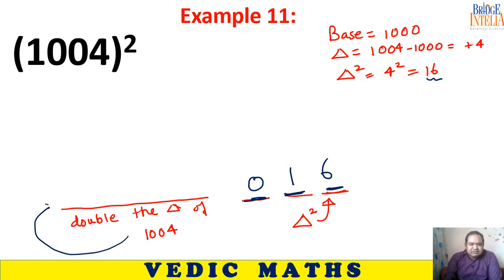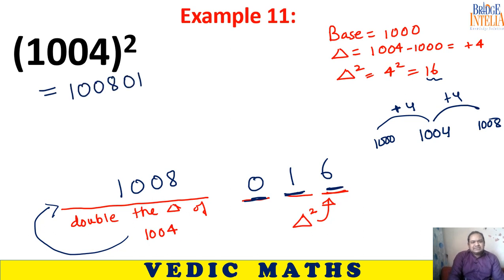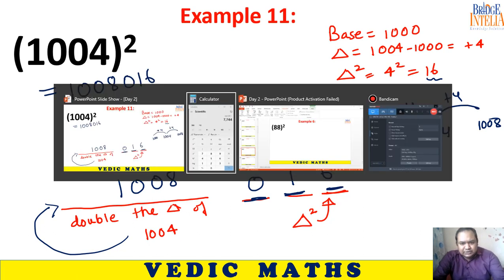Base is 1000. So 1004 is already 4 ahead. Send it another 4 ahead. So 1008. So here I have to write 1008. So final answer would be 1008016. We can verify this if we want.